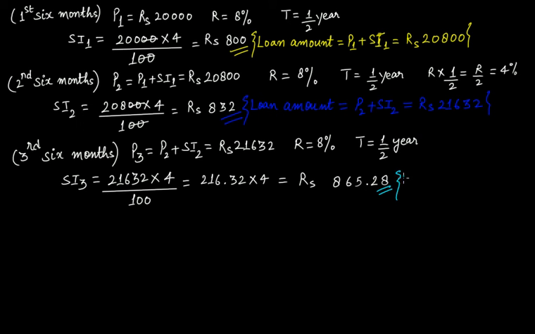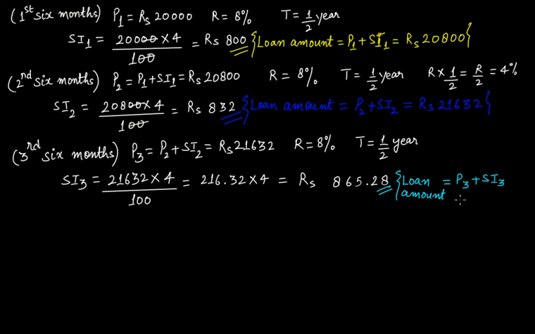So tell me the loan amount. Your loan amount will be P3 plus SI3. And what is P3? P3 is P2 plus SI2. So it means that this is P2 plus SI2 plus SI3. What is P2? P2 is P1 plus SI1.